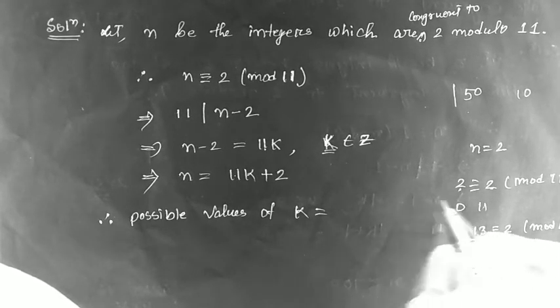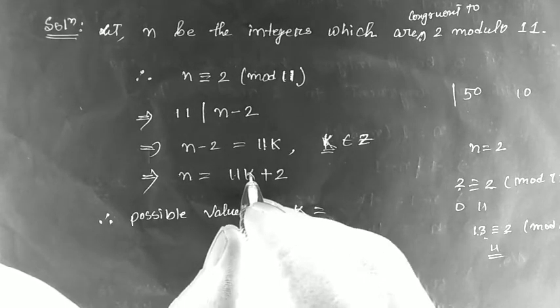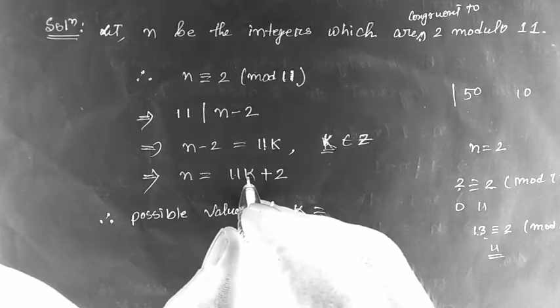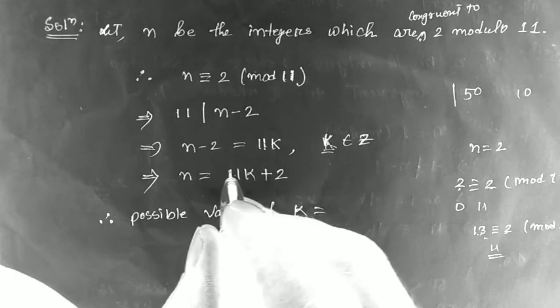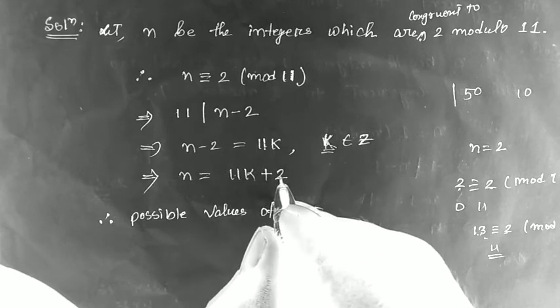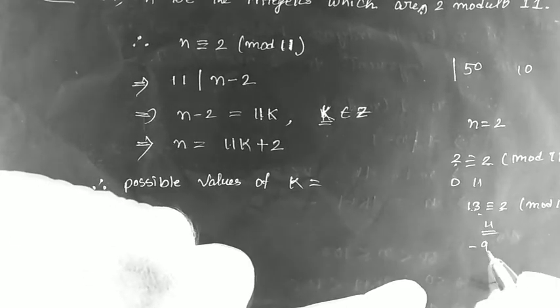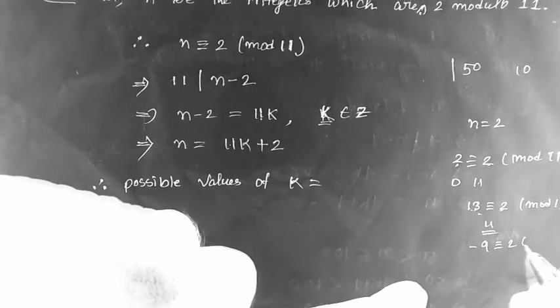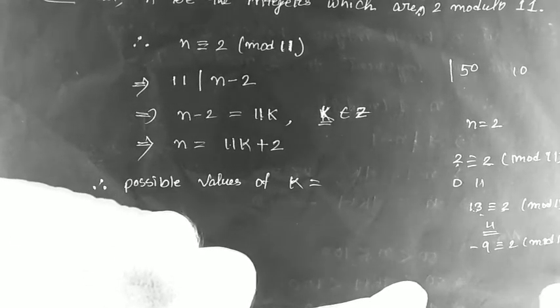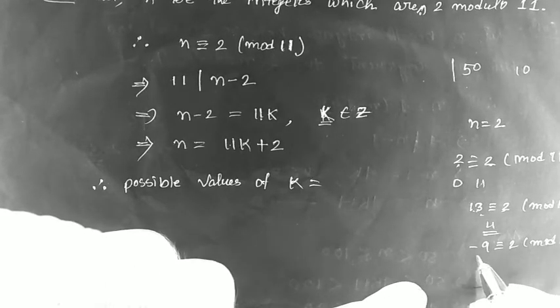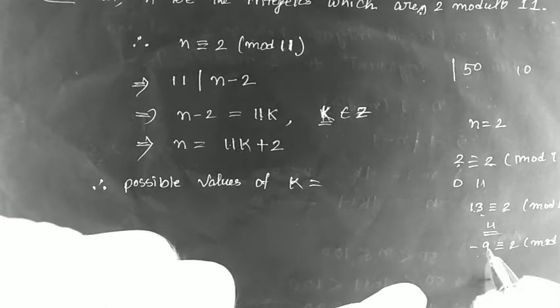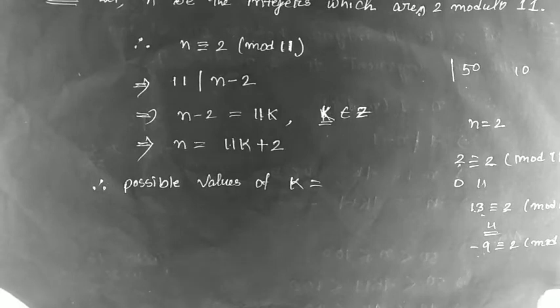Now if we take minus 1, it will be 11 into minus 1, minus 11 plus 2, minus 9. Is minus 9 congruent to 2 modulo 11 satisfying? 2 will come this side, so minus 11 is also divisible by 11.